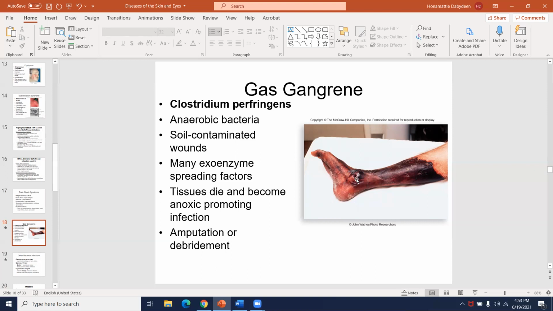It might have started out really at the ankle there, and look where it's gone right now. And I guarantee you that if they amputate even below the knee, that's not good enough. I have a feeling this person's whole leg is going to have to go.